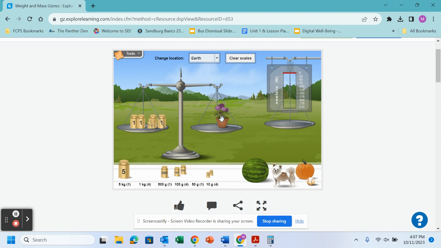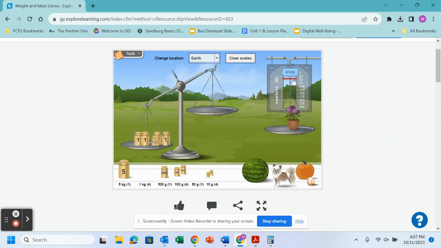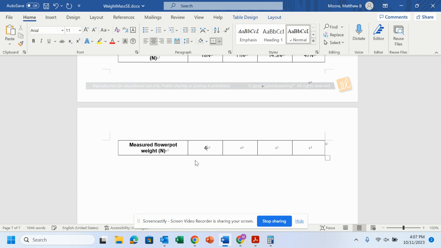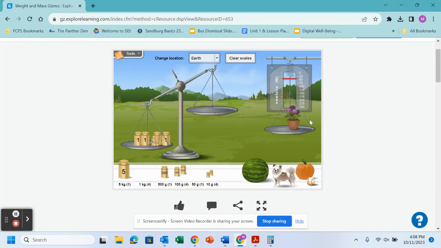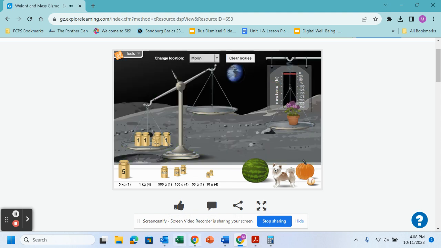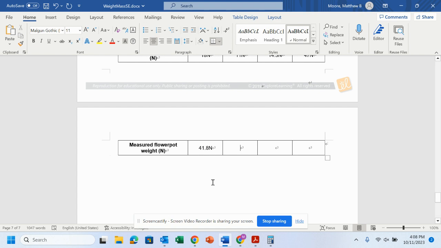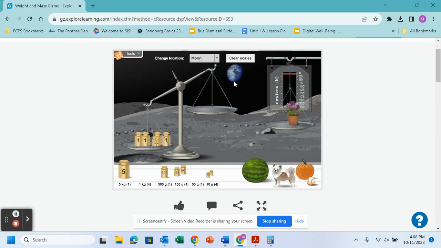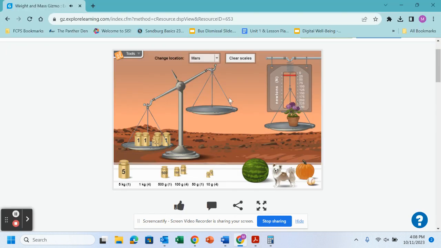So 41.8 newtons on the Earth. On the Moon, 6.9. On Mars, 15.8.